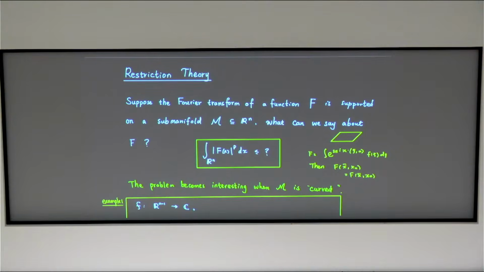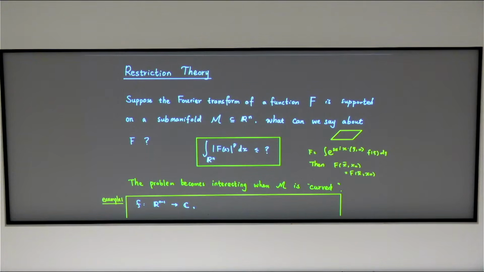We will start with saying that if M is a hyperplane, let's say it's the hyperplane where the last coordinate equals 0, then this f(x) can be written as the integral of e^(2πi x·(ξ,0)) f̂(ξ) dξ. So this is a function with Fourier transform supported on this hyperplane.